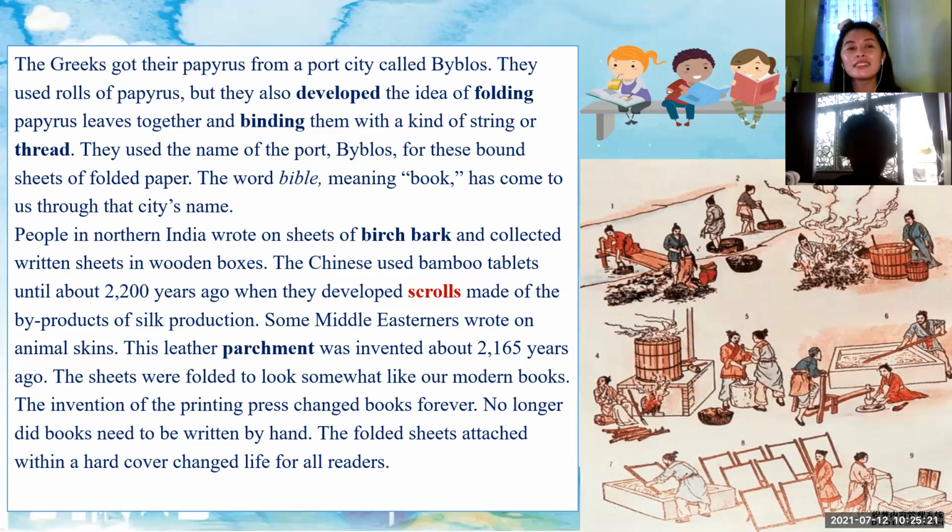The Greeks got the papyrus from a port city called Byblos. They used rolls of papyrus, but they also developed the idea of folding papyrus leaves together and binding them with a kind of string or thread.